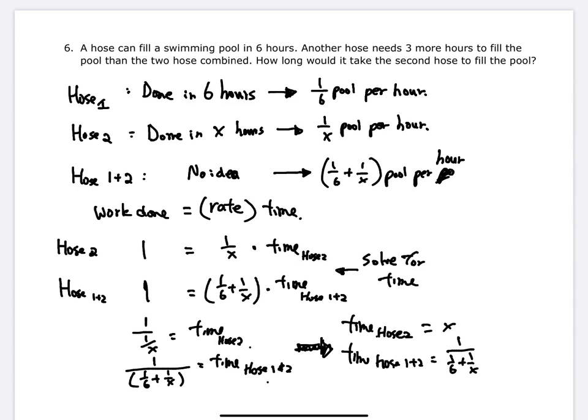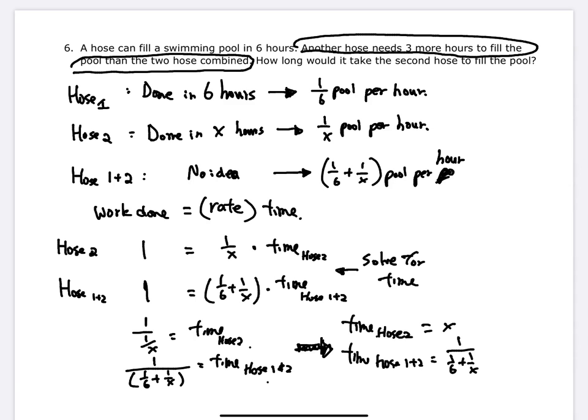Okay, now the last piece of information we have is this right here. It says another hose needs 3 more hours to fill the pool than the 2 hoses combined. So which means the time for the second hose is going to be 3 hours more than the time of hose 1 and 2 combined.